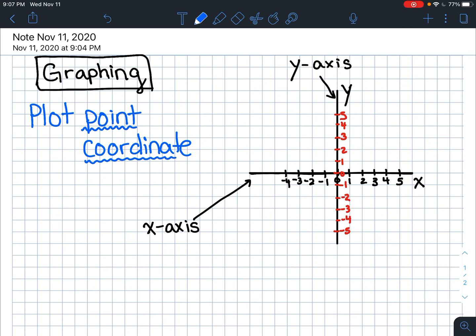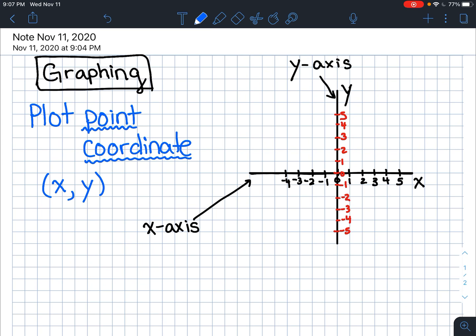They mean the same thing. So point or coordinate, it's just when you put a spot, a dot, or a point on the graph. And how they're written is, they're written with their x coordinate first, and then the y.